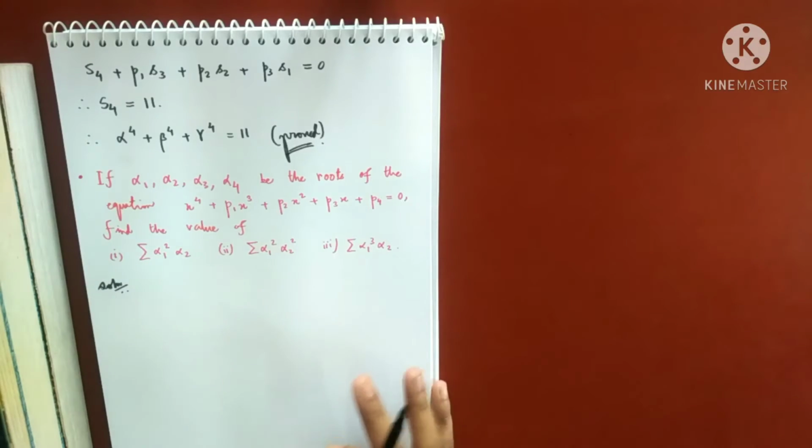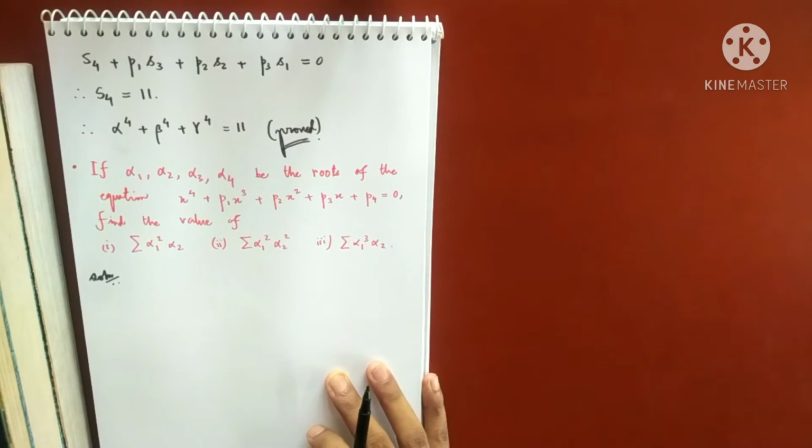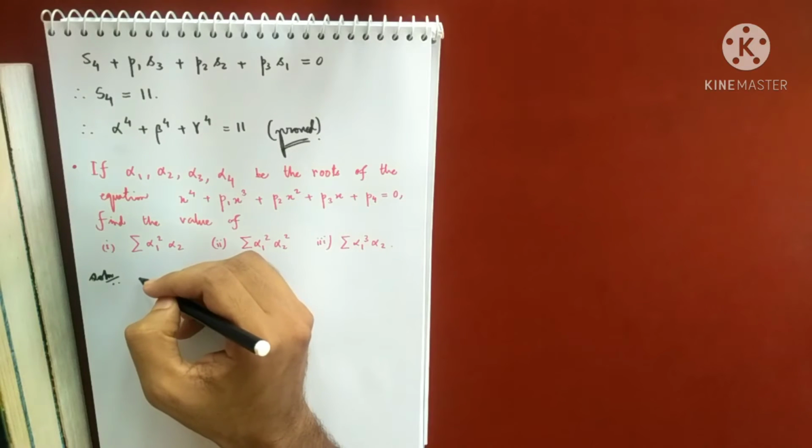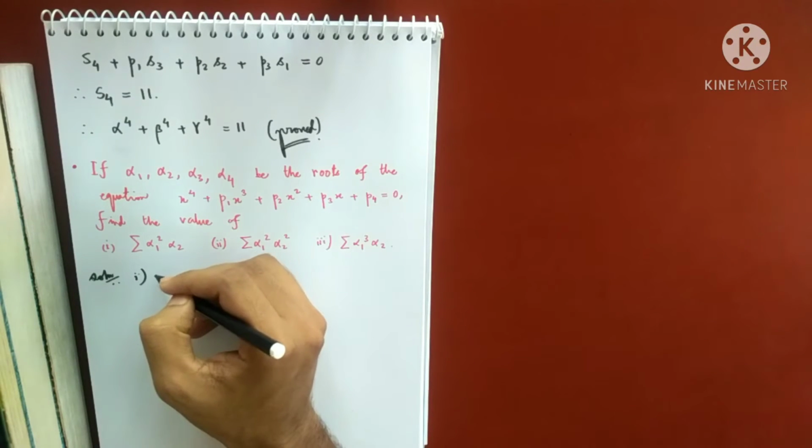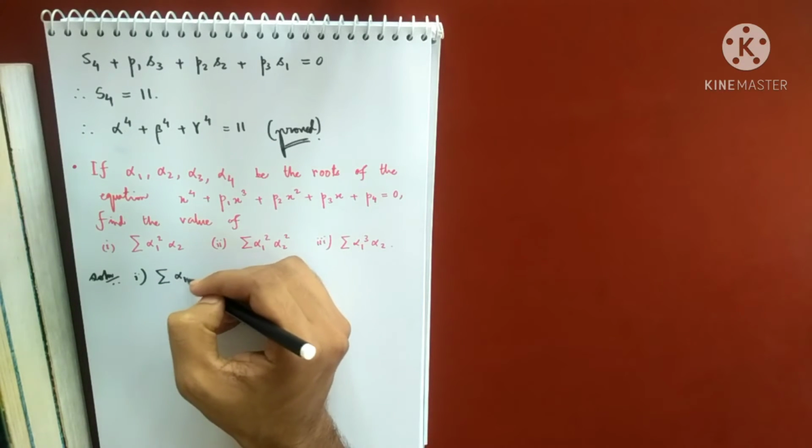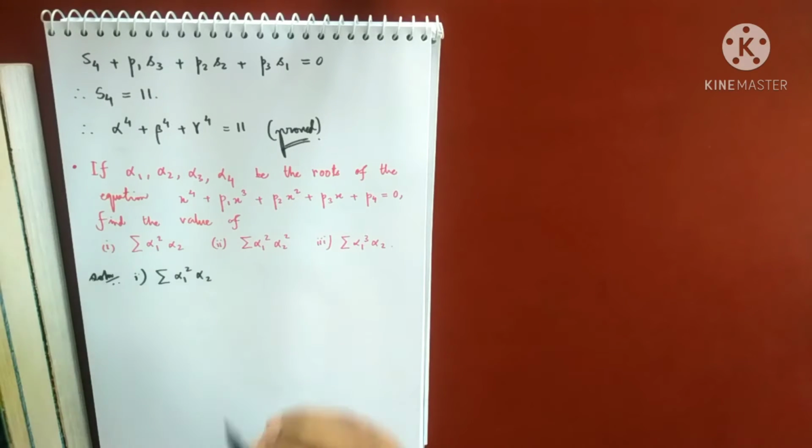Solution. What can this be written as? I have to find, number one, this summation alpha 1 square alpha 2. Now this means what? The square of any root with the product of another root. That means alpha 1 square with alpha 2 plus alpha 1 square with alpha 3 plus alpha 1 square with alpha 4, plus then alpha 2 square with alpha 1 and so on.